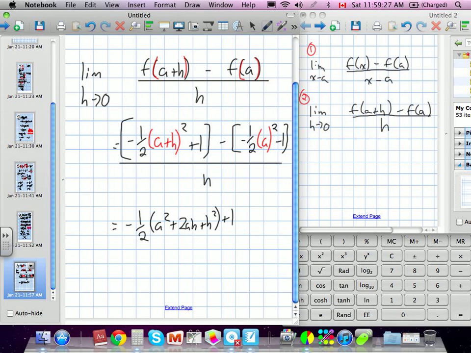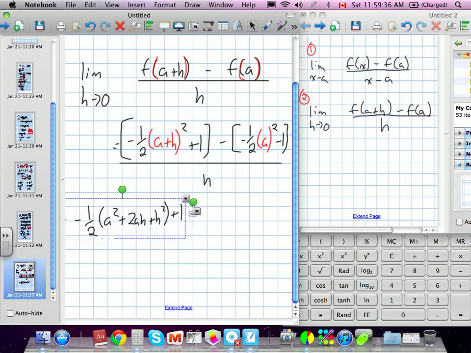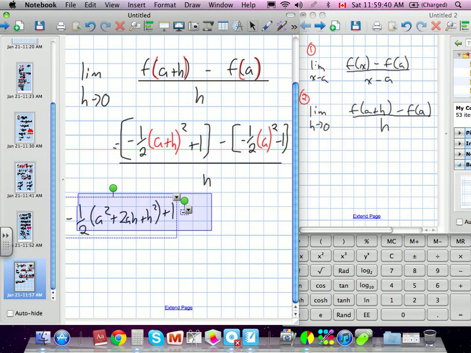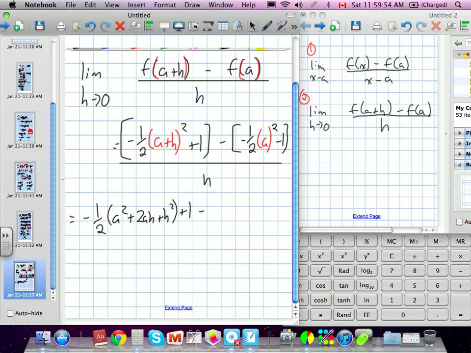Subtracted by, I don't have room here. And then in this function here, we're slowly working them out.